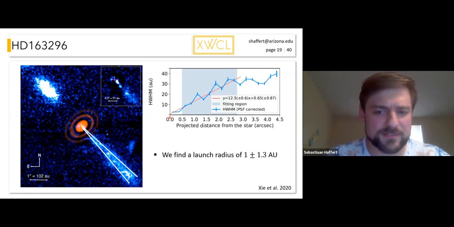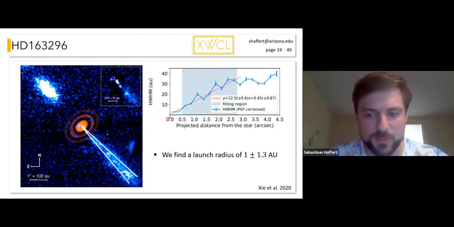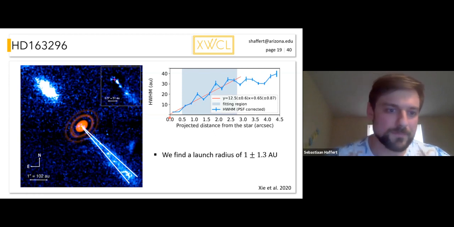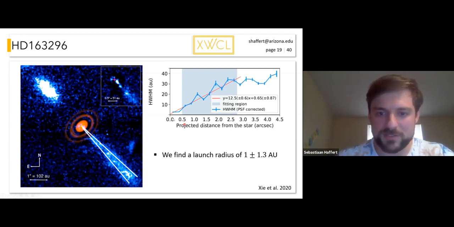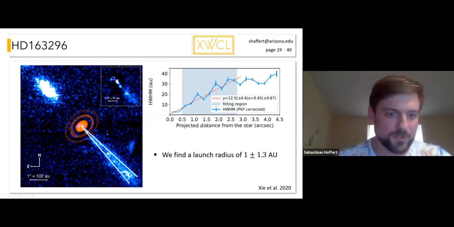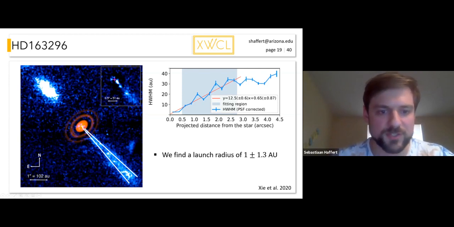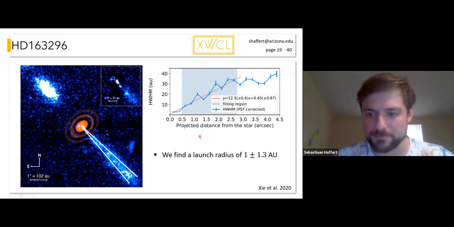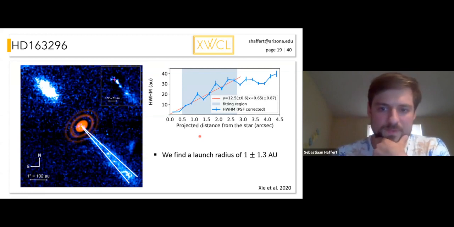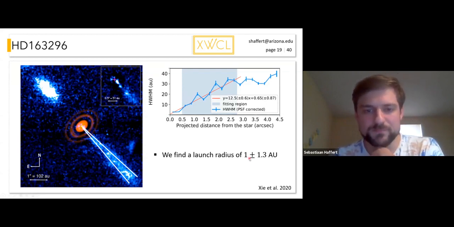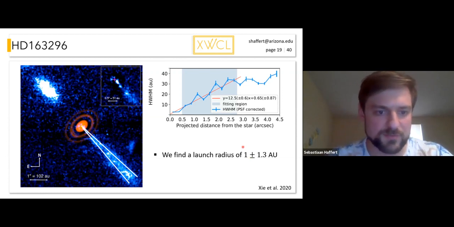And from this, we find that there's a launching radius of about 1 AU, plus or minus 1.3. So within the error bars, it's pretty much launching from within the innermost region of the system. So this is really consistent with just an ejection from the stellar surface, or at least its near vicinity.